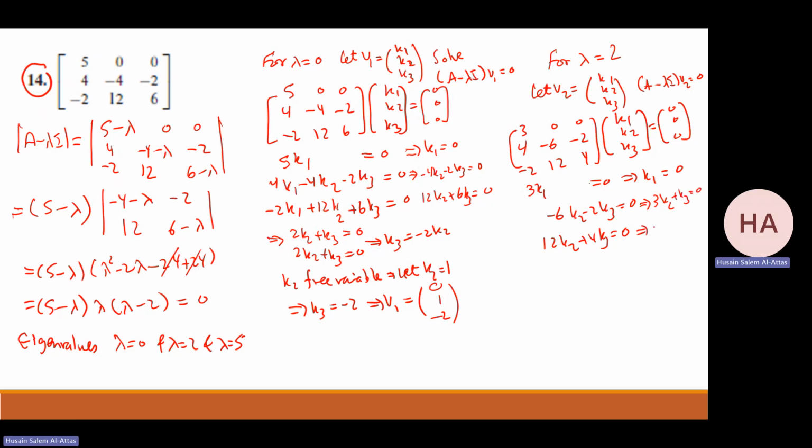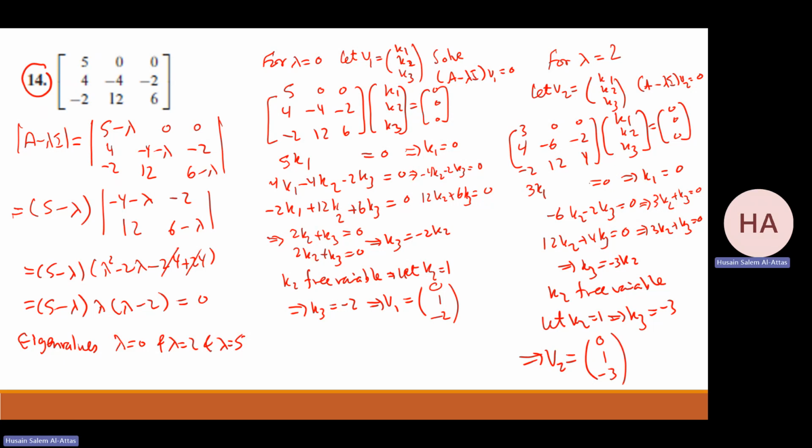And this I divide by 4, I'm getting 3k2 plus k3 equals 0. So I have the same equation. So I say k3 equal minus 3k2. So k2 is a free variable. I let k2 equal 1. So k3 will be equal to minus 3. So what is my v2? It will be 0, 1, minus 3.